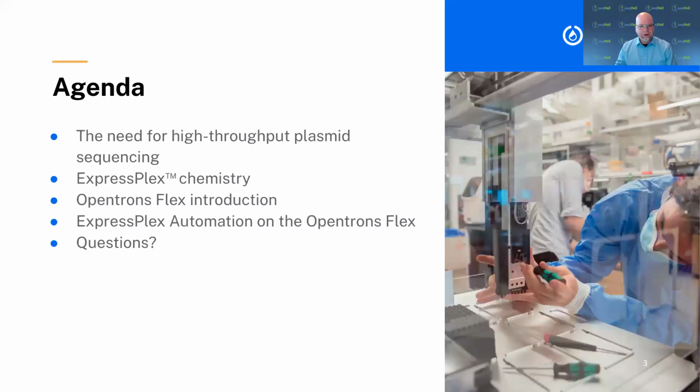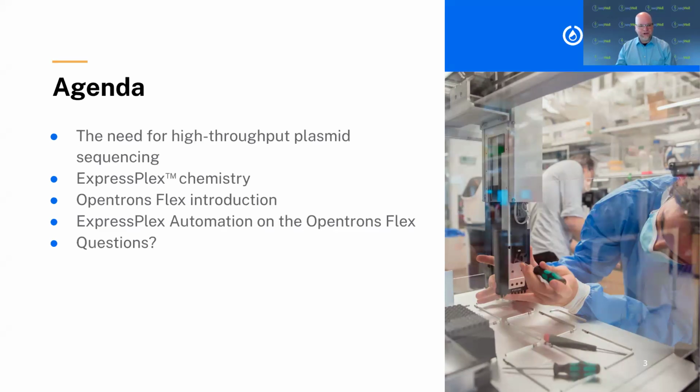Thanks so much, Andrew. I'd like to start off quickly by going through a short agenda of what Kennery and myself will be discussing today. First off, we'll start with a brief description and some reasons behind why the need for high throughput plasmid sequencing is becoming so important. And we'll top that with an understanding of the ExpressPlex chemistry and why we released that for high throughput library prep.